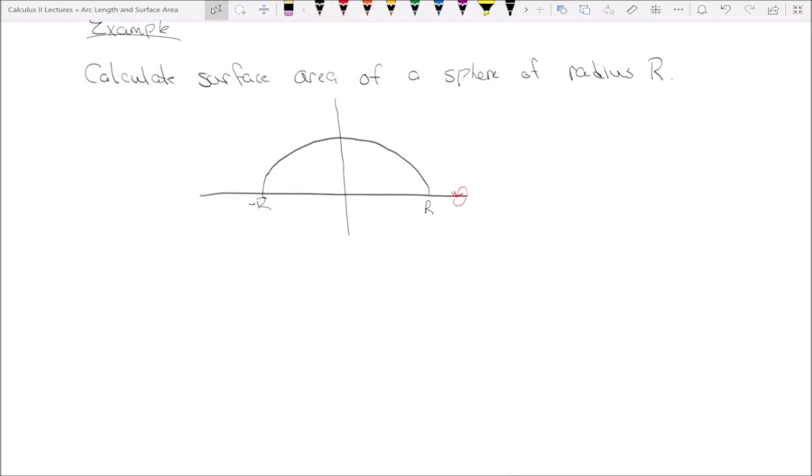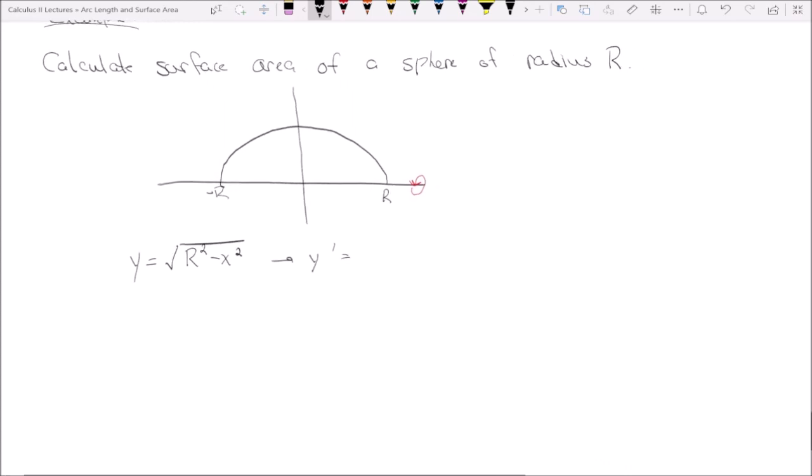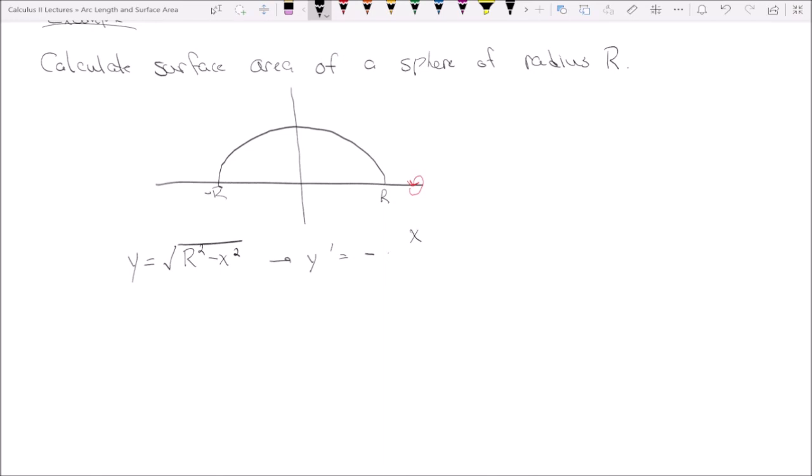So this semicircle is going to have equation y equals the square root of r squared minus x squared. Right, that means that y prime is negative x over the square root of r squared minus x squared.